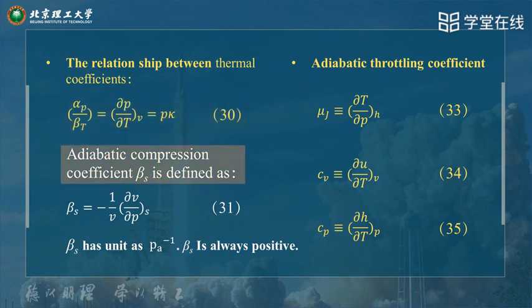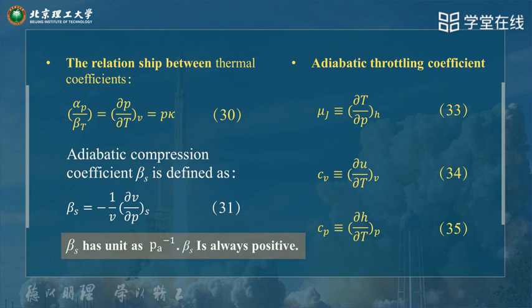The adiabatic compression coefficient beta S is defined as beta S equals minus 1 over V times partial V over partial P, S constant. S constant means adiabatic compression. Beta S has the unit Pascal to the power minus 1, and beta S is always positive.